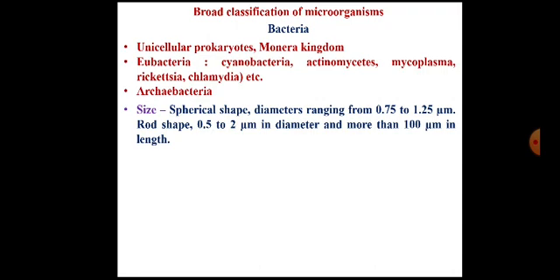A rod-shaped bacterium will have in general a diameter of 0.5 to 2 micrometers, and others may have more than 100 micrometers in length.